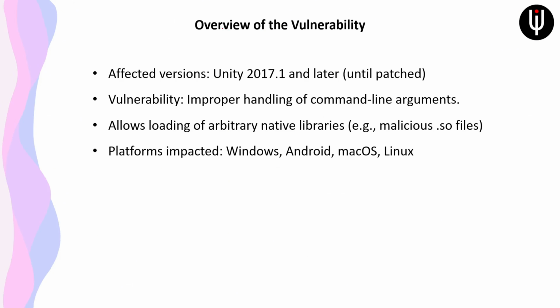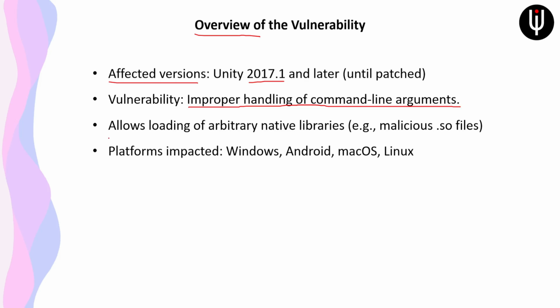Next, let's see the overview of this problem. Unity affected versions are 2017.1 and later. So whichever versions have been released after 2017.1 and are still unpatched are all vulnerable. What's the issue here? It's improper handling of command line arguments.